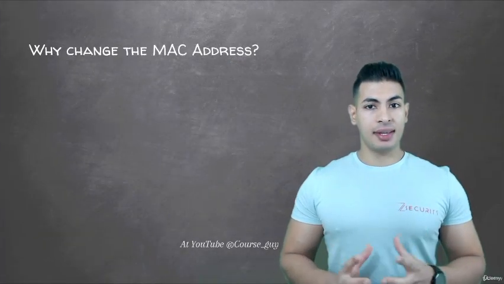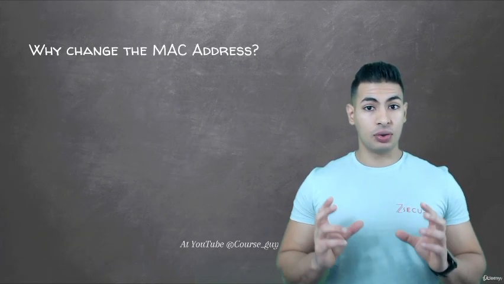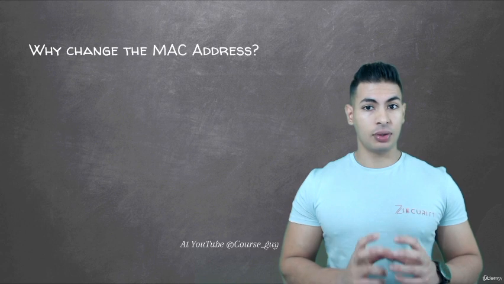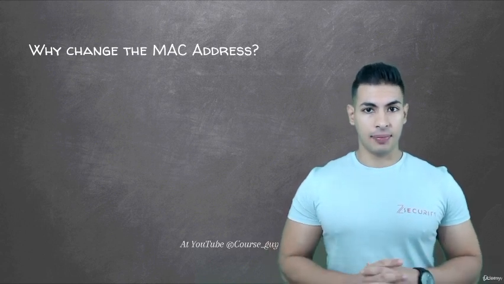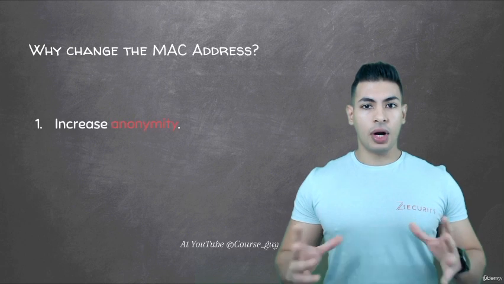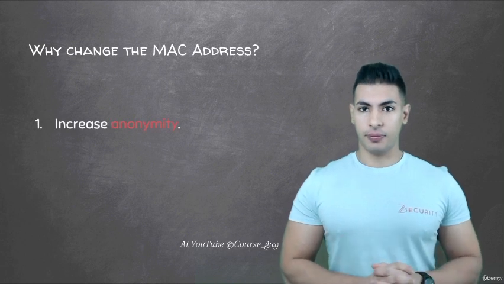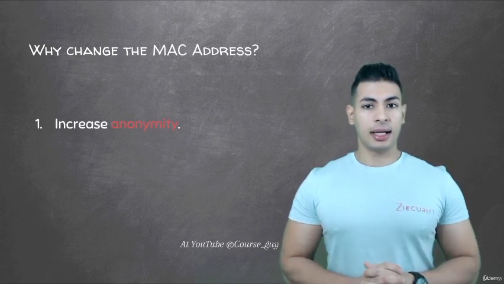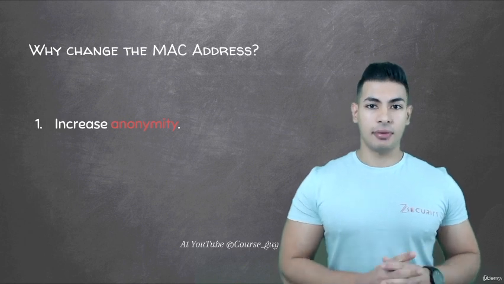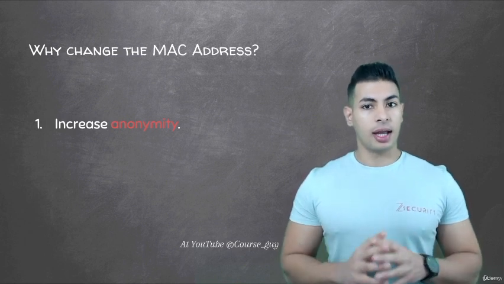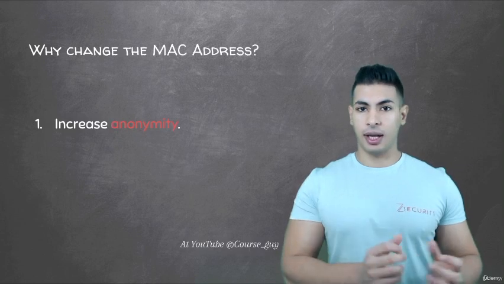So, because this is a physical unique address for each interface, for each network device, and because it is used to identify devices, changing it will make you anonymous on the network. Not only that, but the MAC address is often used by filters to prevent or allow devices to connect to networks and do specific tasks on the network.